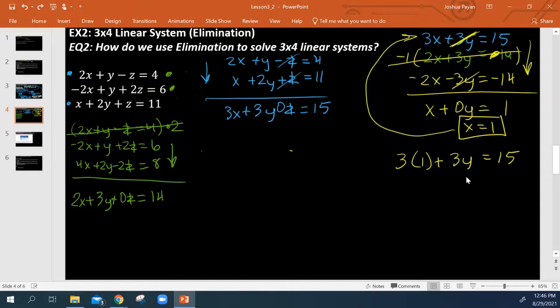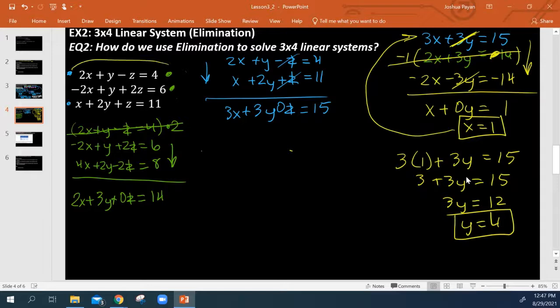Okay, so 3 times 1 is 3, plus 3y equals 15, 3y equals 12, y equals 4. So now I have x and y, so I'm just going to choose this guy on top. Seems like the simplest one. 2 times x plus y minus unknown z equals 4, right?